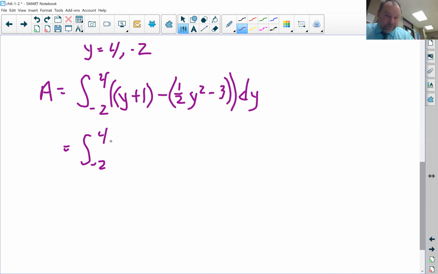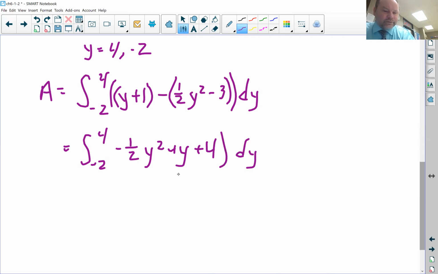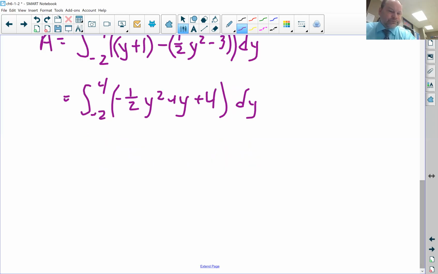Again, I would combine my like terms and simplify this a little bit, plus 4. And then integrate.